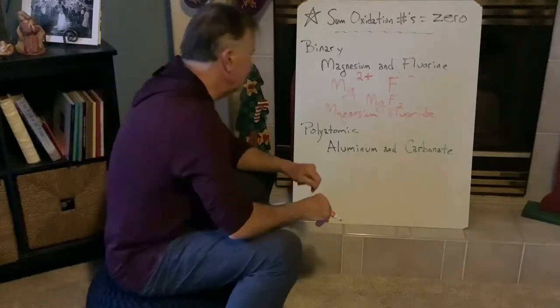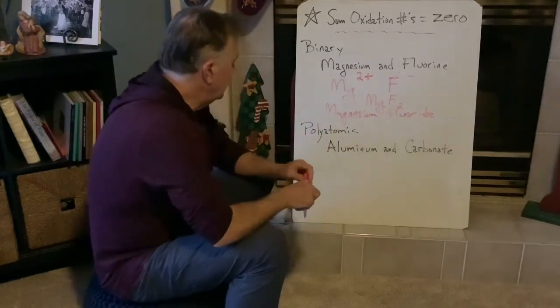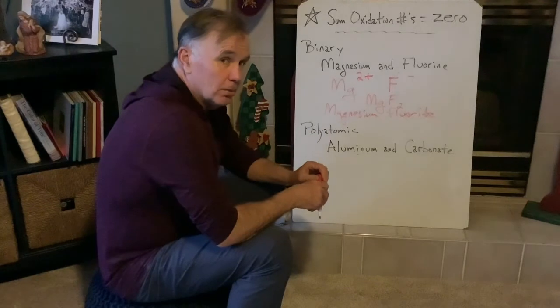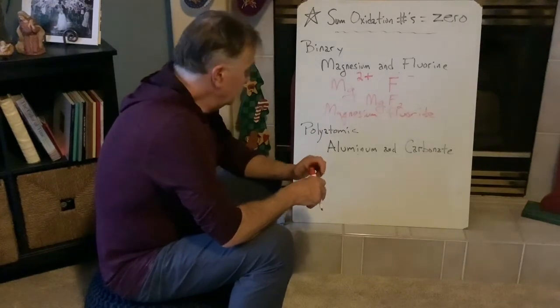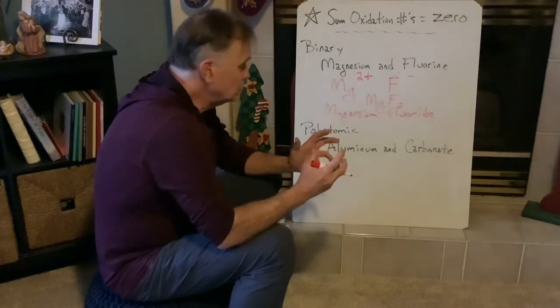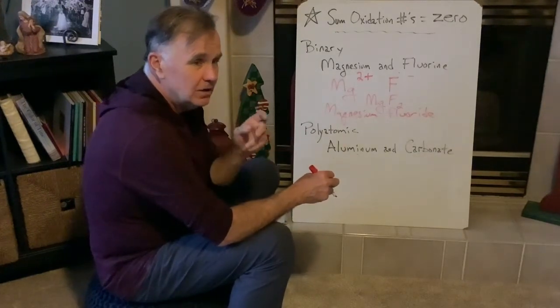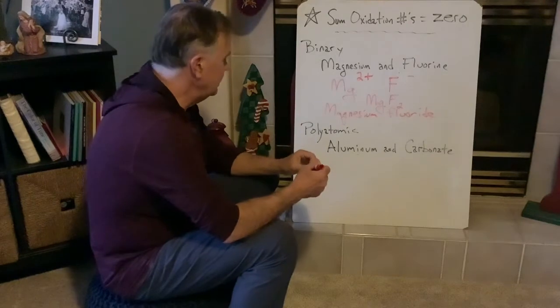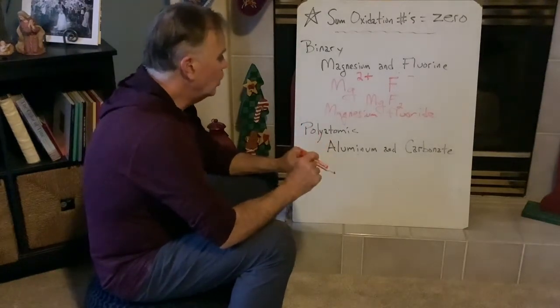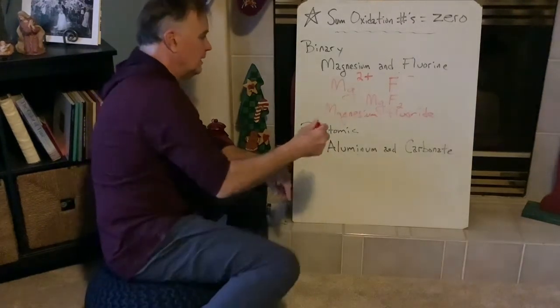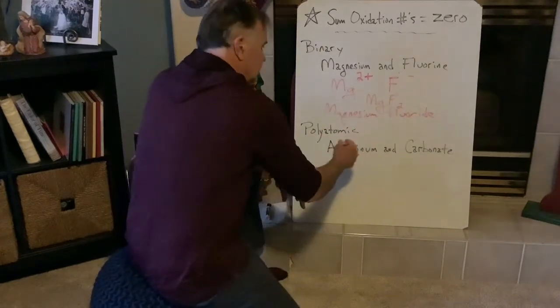So those are binary. Now there are some atoms which are called polyatomic ions. They're groups of atoms which act as one. There are 2 or more atoms that are actually combined covalently, which we'll talk about next week, but they act as 1 ion. In this case, you do the same rules.